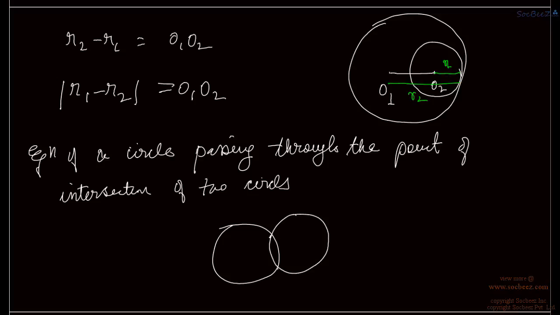That means, say this is circle 1 and this is circle 2, we have the points of intersection of these two circles. We can have an infinite number of circles passing through these 2 points.